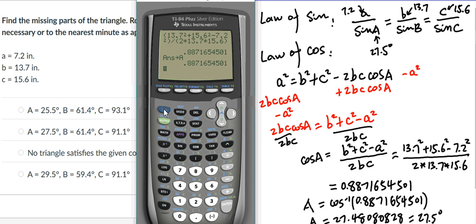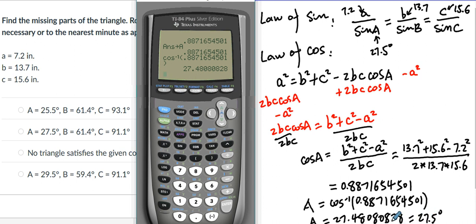So you do second cosine inverse, and then recall memory A, close bracket, and hit enter. The angle in degrees is 27.48 something.